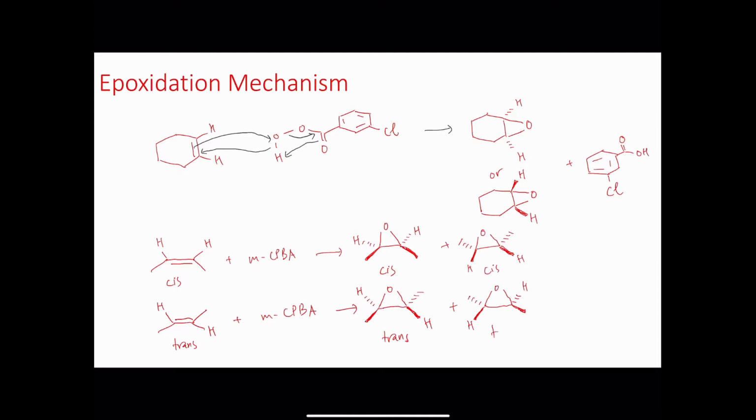Again, we have the cis epoxide for the top reaction and the trans epoxide for the bottom reaction.